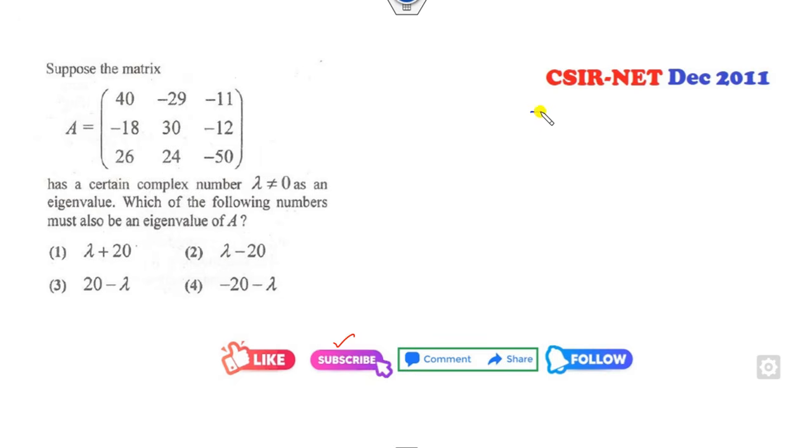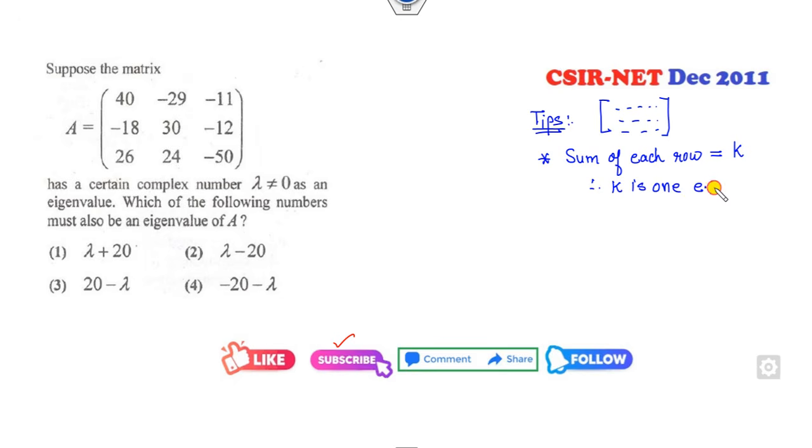Now the first tip: always remember, whenever you have a matrix, how can you find the eigenvalue? The first step that should always come to your mind is to check the sum of each row. If the sum of each row is the same, k, then you can say k is one of the eigenvalues.